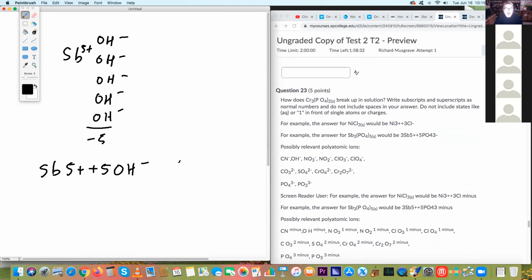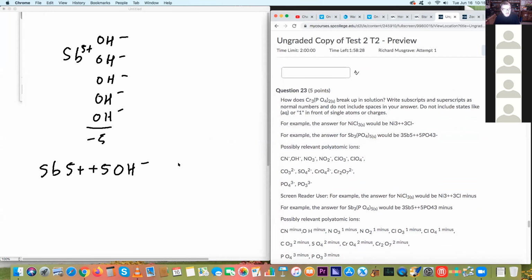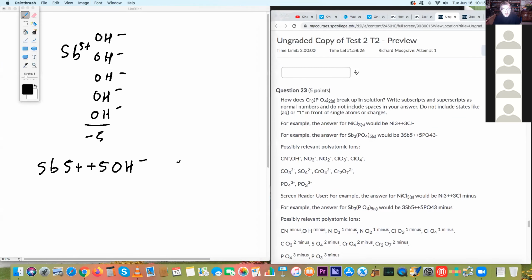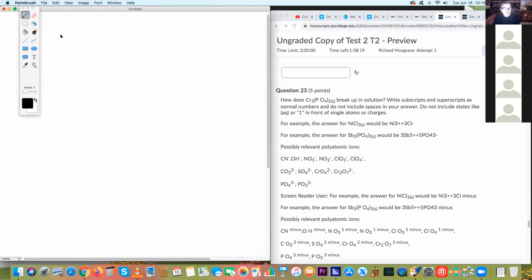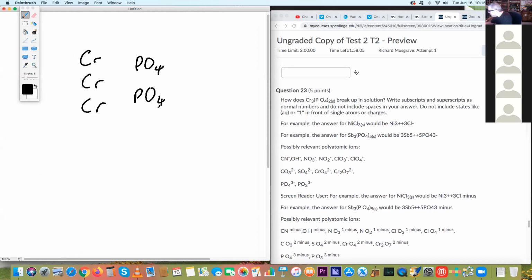Okay, let's look at this one. If you have Cr3PO42, it would look like that. Note that you have to get the charge of the chromium off the polyatomic ions.